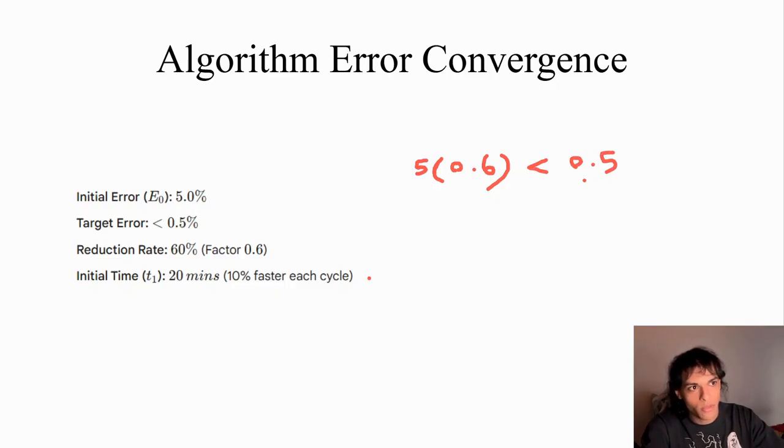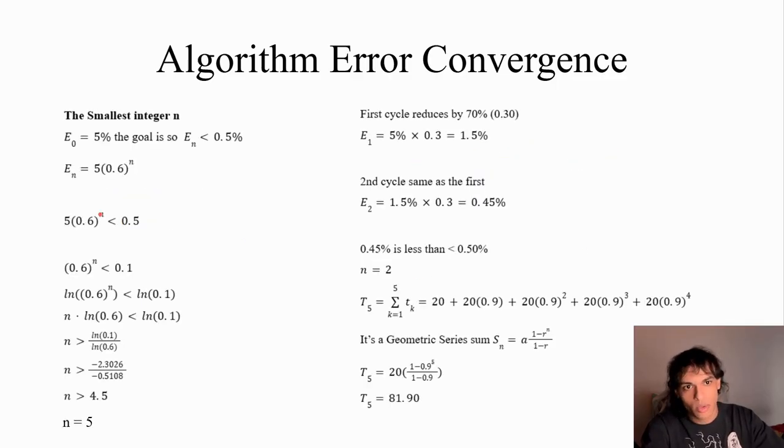For this to be less than 0.5, we need to know how many times we need to reduce the 5% by 60%, okay? So this is going to be our n. So we need to figure out the n here, right? And so that's exactly what we did here.